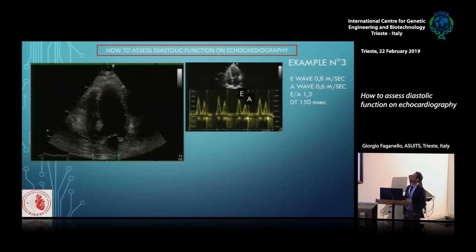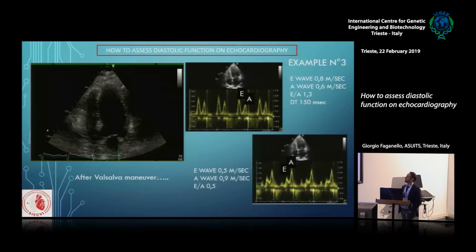So this can be a pseudonormal pattern. And we did a Valsalva maneuver, and we saw that there was an inversion of the E/A ratio. So a diastolic dysfunction was masked, and it was unmasked by the Valsalva maneuver.